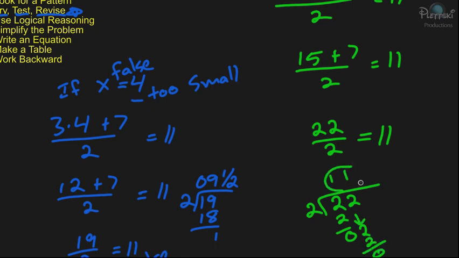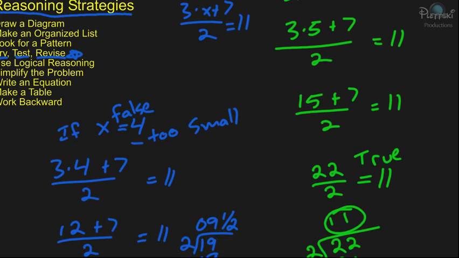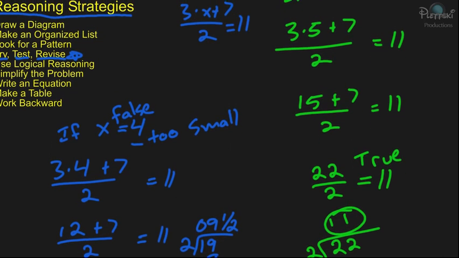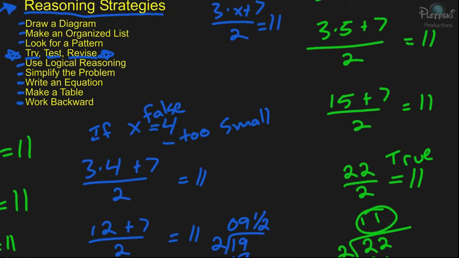So 22 divided by 2 is 11. So that's true. We found our solution. We found it by using the try, test, revise strategy. And sometimes that works. Sometimes you can use the try, test, revise.